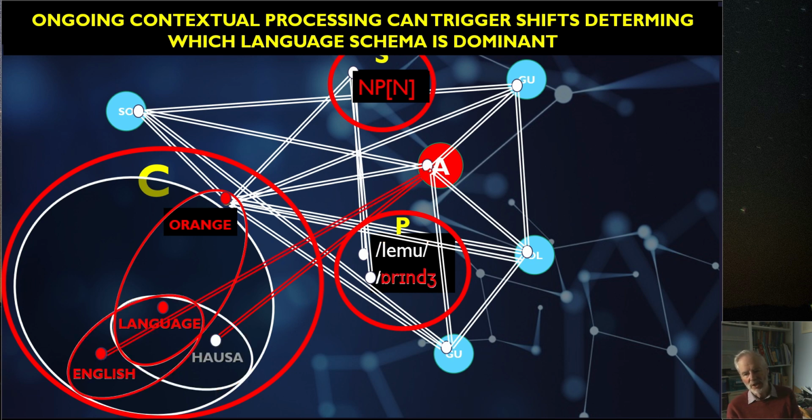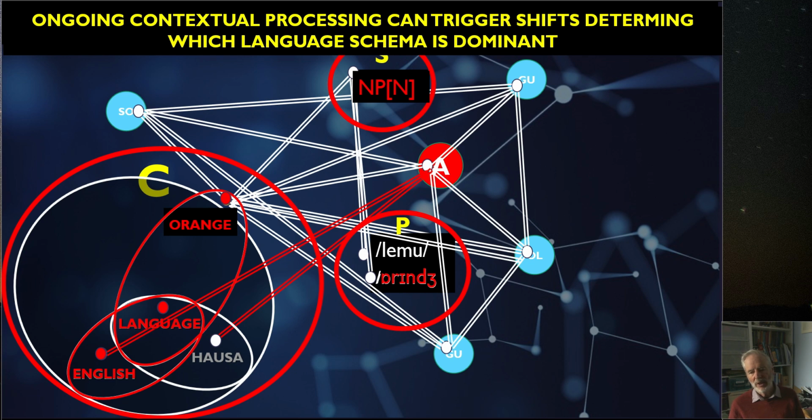It can change, of course, suddenly. My favourite example is that someone turns up who is an English speaker, but everyone knows them not to be a Hausa speaker. So immediately they will switch into English.